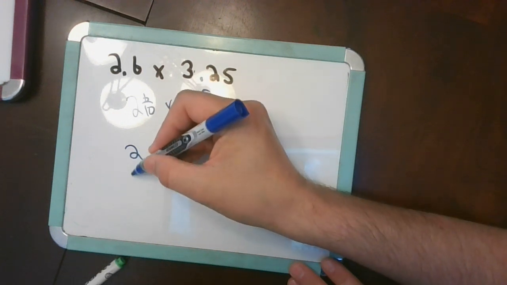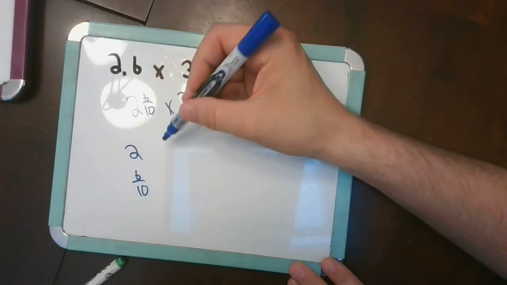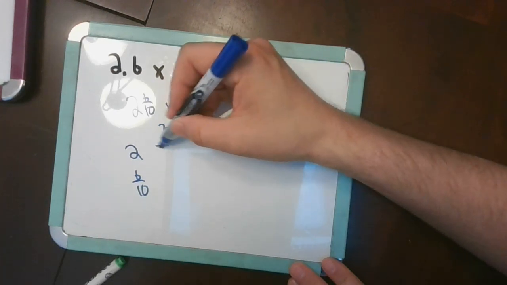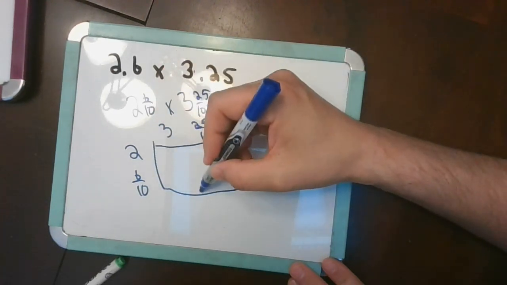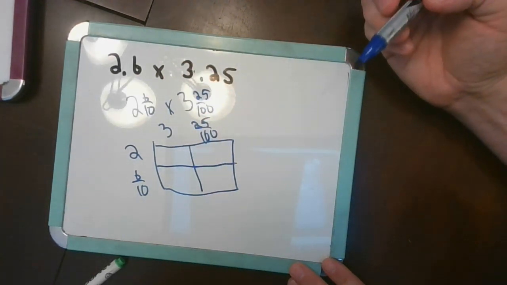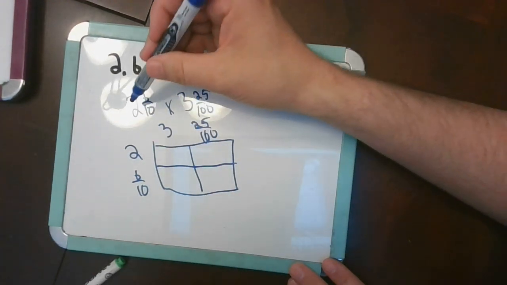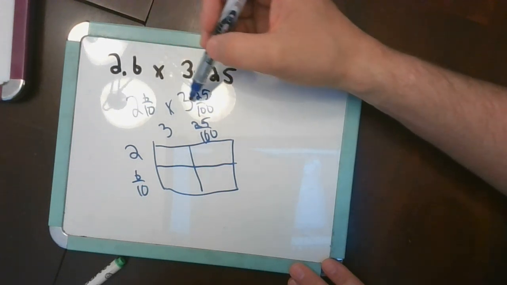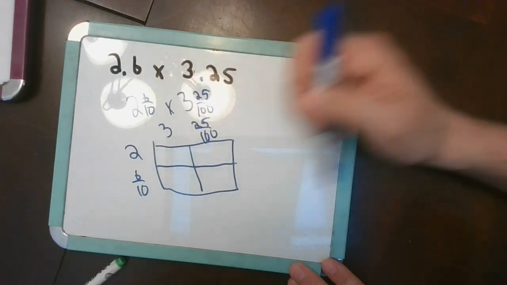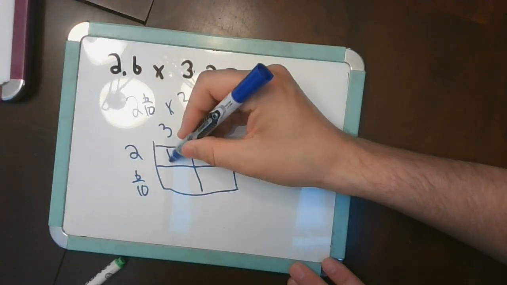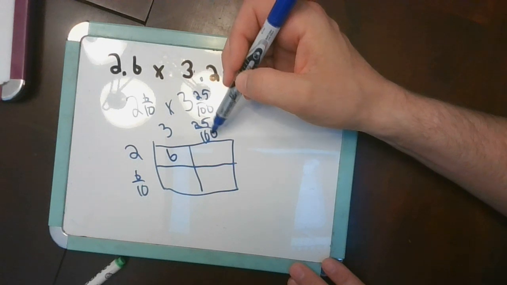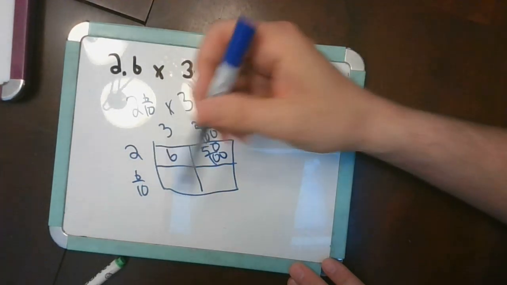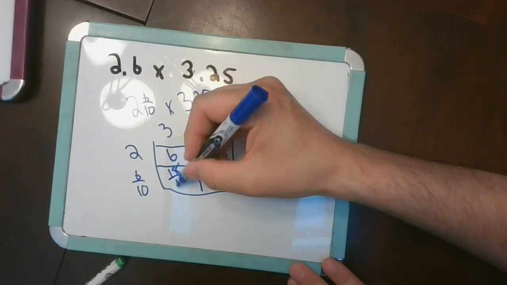So you have 2 and 6/10 times 3 and 25 100ths. Now I always, if I'm going to break it apart and not change it into improper fraction, I do the model just so I remember the 2 has to be times the 3, the 2 has to be times the fraction, the 3 times the fraction, and the fraction times the fraction, and that does that here. 2 times 3 is 6. 2 times 25 over 100 is 50 over 100. 3 times 6/10 is 18/10.